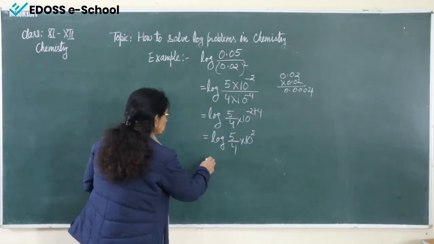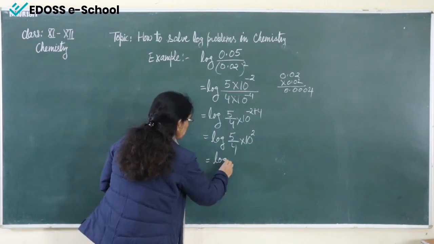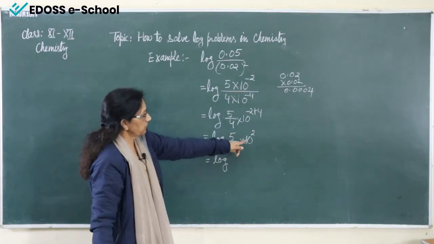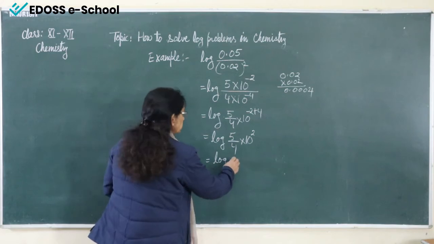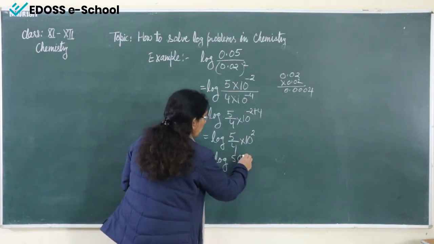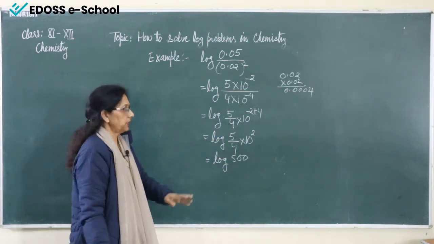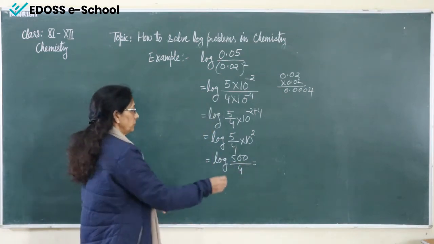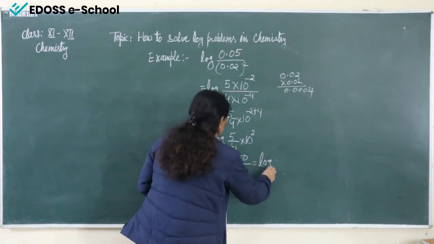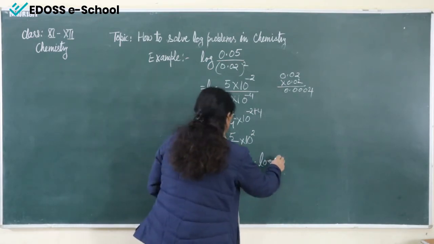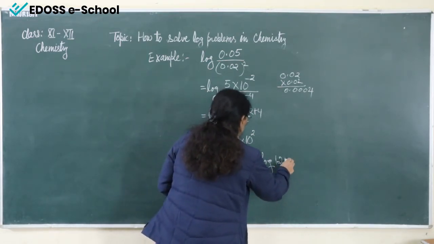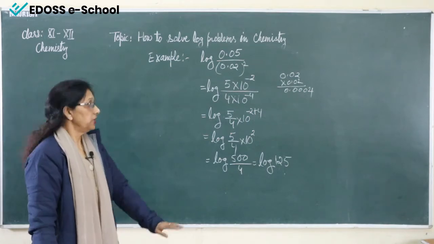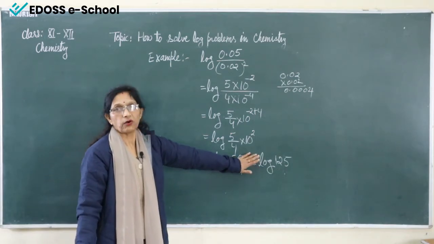Now 5 multiplied by 10 raised to power 2, we can say this is equal to 500, 5 into 100 and upon 4. So this will be equal to log 125. Now we have to find the value of log 125.